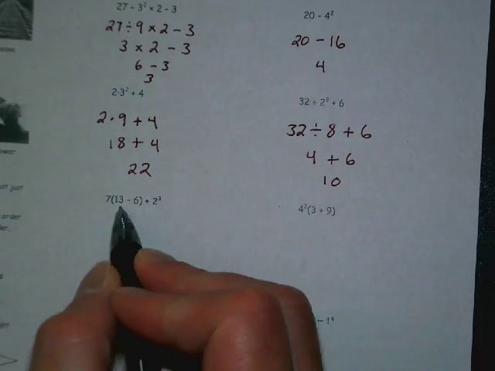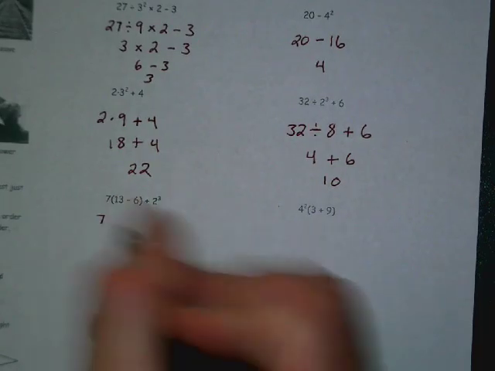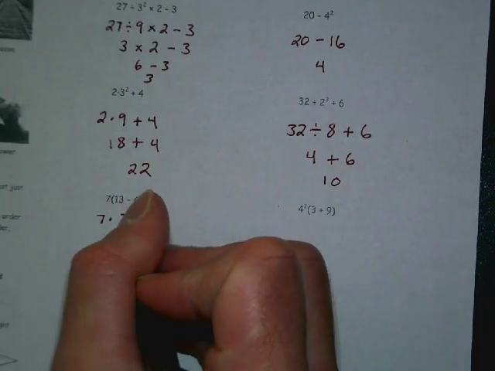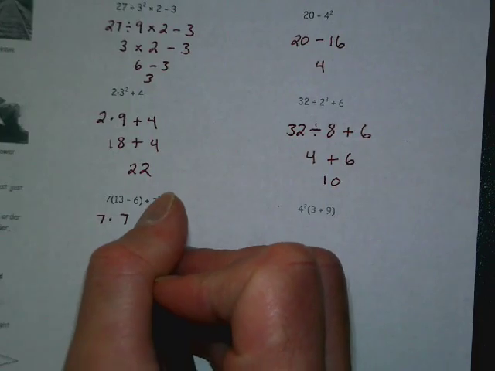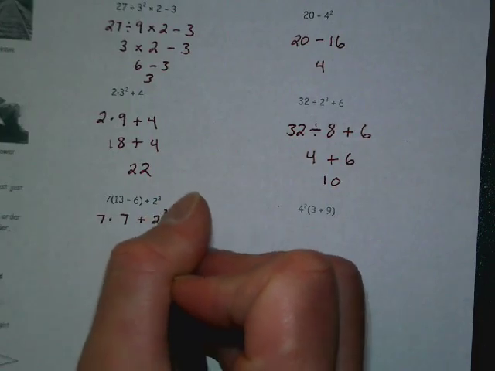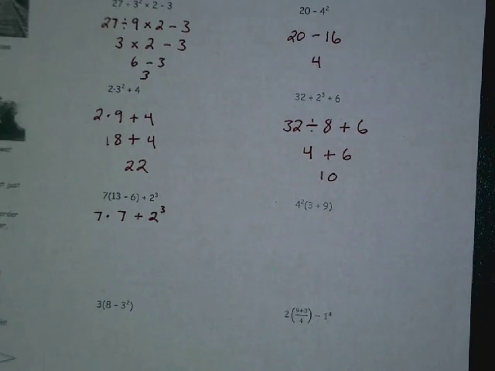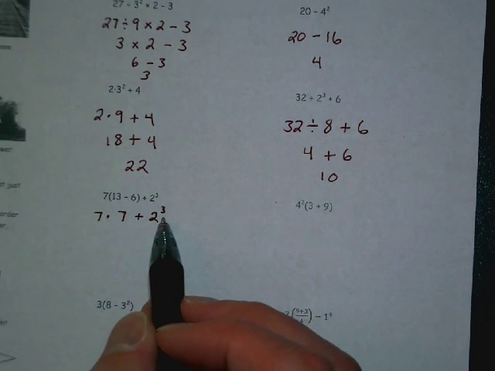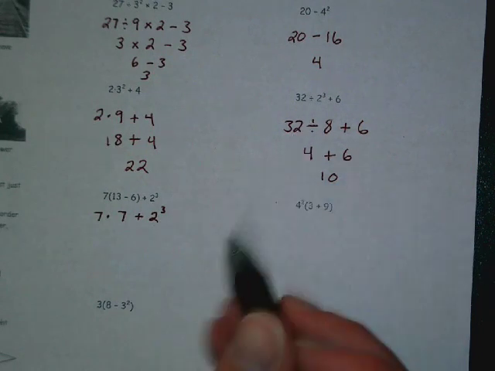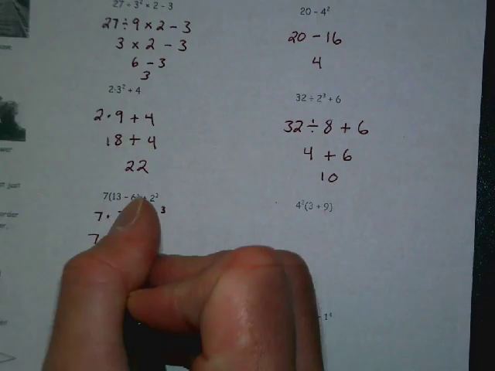Okay, next row, do we have parentheses? Yeah, first time we've had parentheses now. So that has to happen first. So on the inside there, what is 13 minus 6? 7. So now we have 7 times 7 plus 2 to the third. Okay, what would come next now? Exponents, yeah.